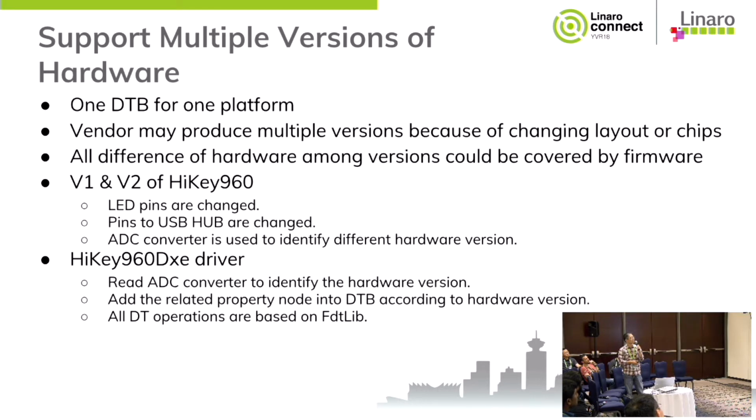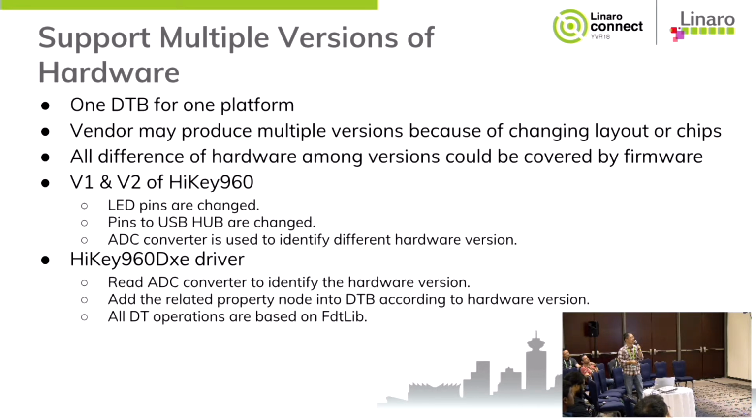In previous slides we said that we will build one DTB into the UEFI, so it means that we have to use one DTB to support multiple versions of the hardware. For example, for the HiKey 960, the hardware is a bit different.